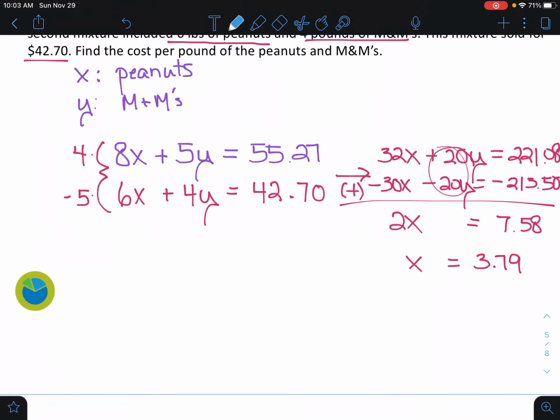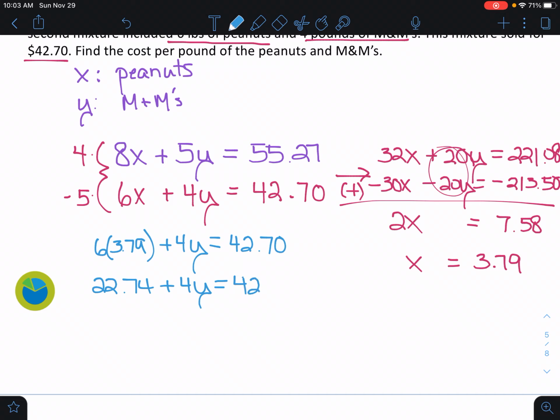Okay, so now I want to plug back in. I think I'm going to go with the second equation. So 6 times 3.79 plus 4y equals 42.70. And if I multiply this, I get 22.74 plus 4y equals 42.70.